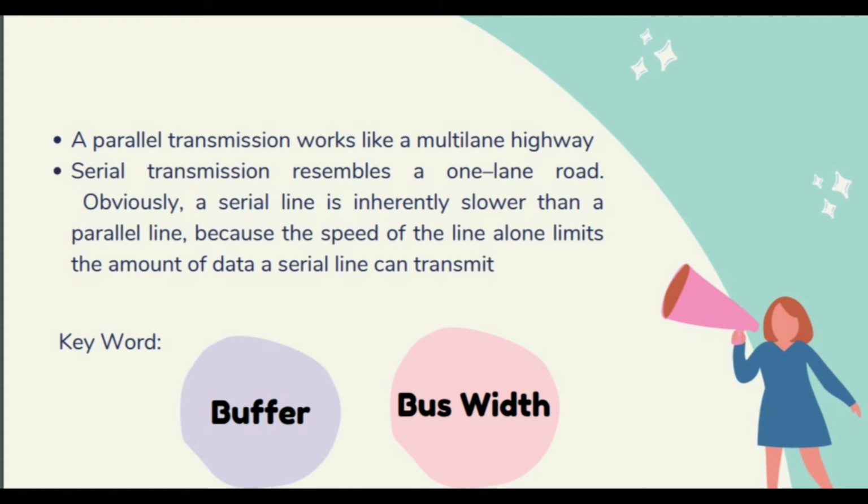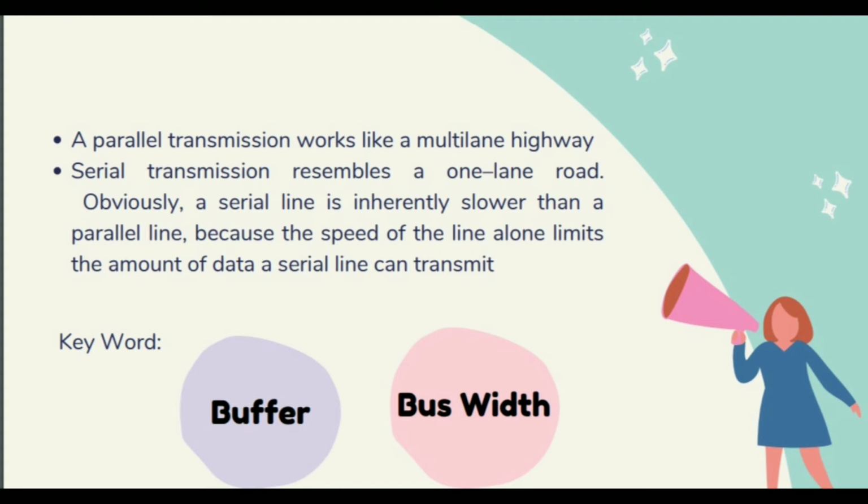Serial transmission resembles a one-lane road compared to parallel transmission. Obviously, a serial line is inherently slower than a parallel line, because the speed of the line alone limits the amount of data a serial line can transmit. For a parallel set of lines, both the number and the speed of the lines play a role in how fast data can travel. The keyword here is buffer.